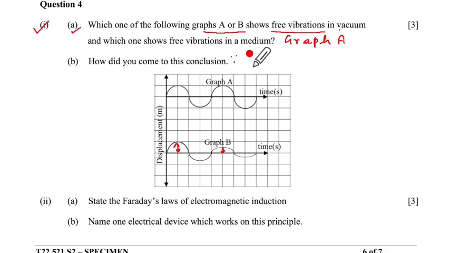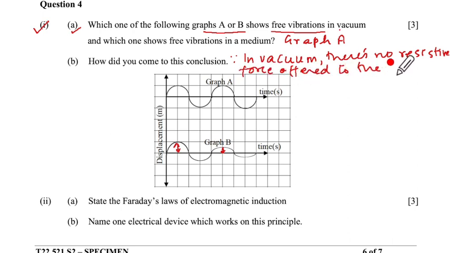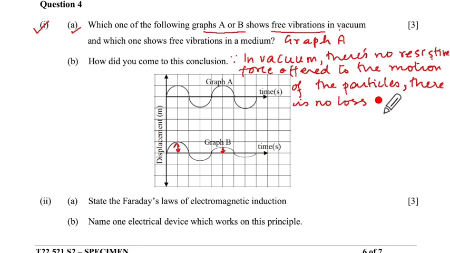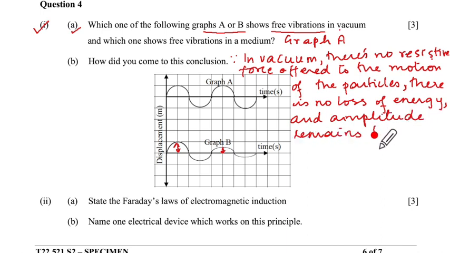We will say since in vacuum there is no resistive force offered to the motion of the particles, there is no loss of energy and the amplitude remains the same.